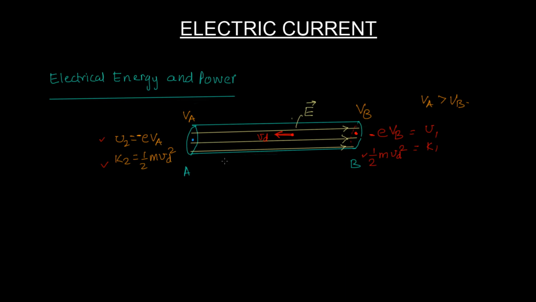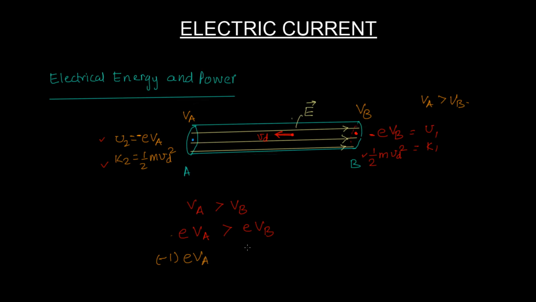But isn't VA greater than VB? Hold on. VA is greater than VB. I multiply it by E, a positive number, the inequality holds. Now I multiply it by a negative number, by -1.